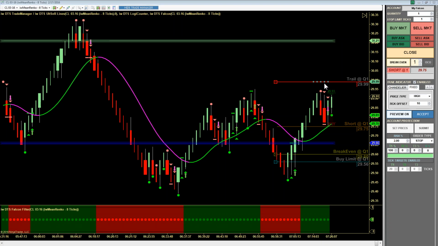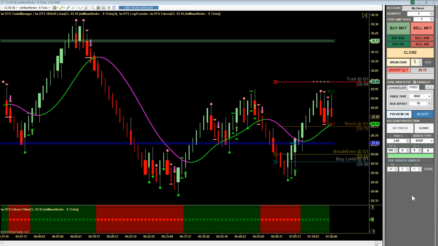All right, so here come the buyers. We'll see whether the sellers step up and push them down. If they do push them down again from here, if this bar forms lower, we'll probably see the sellers start to press the market, and I'll in turn probably get more aggressive with my stop. There we go.